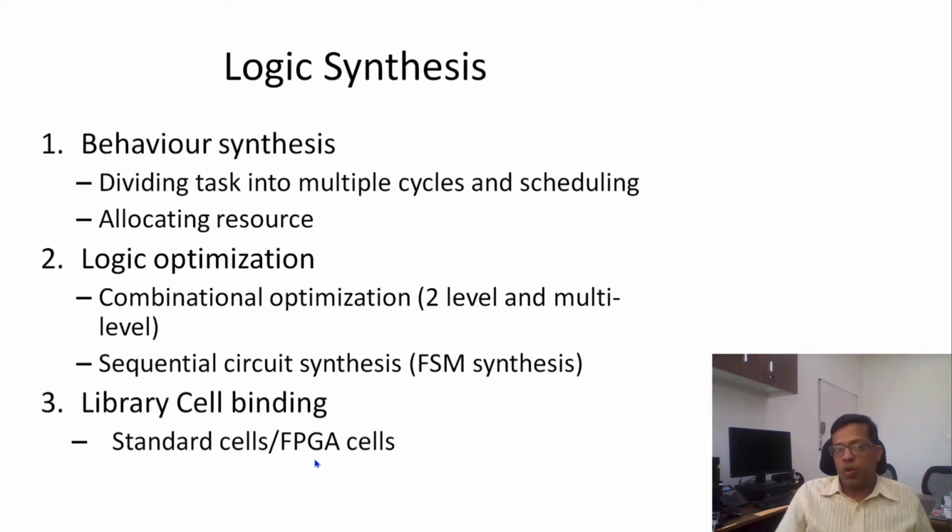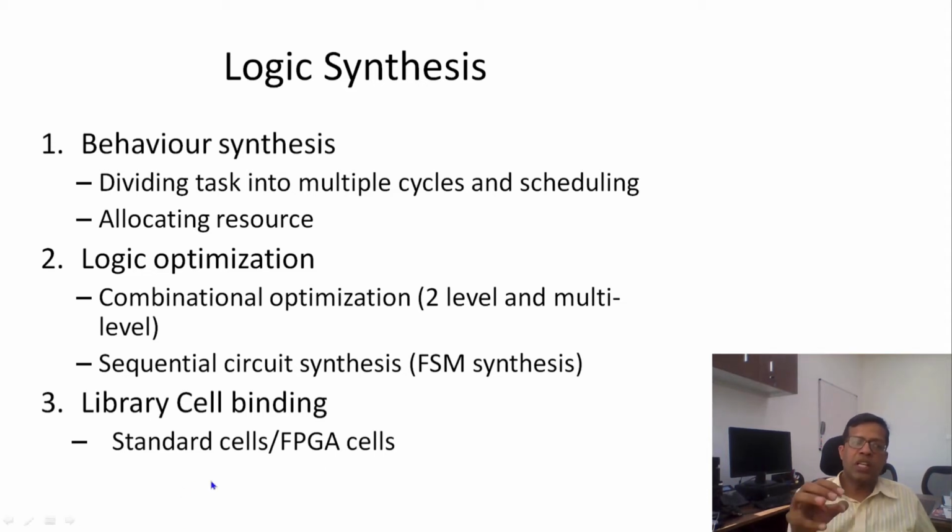And for that, some sort of automation is required, because that problem is sort of NP complete. So that logic optimization would be there, and then after that we will also do FSM synthesis or sequential circuit synthesis. Finally, all of that circuit would be bound to the standard cell library.